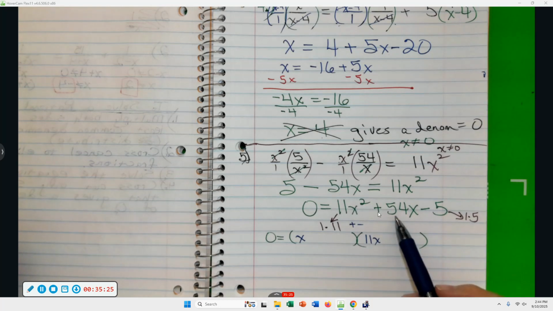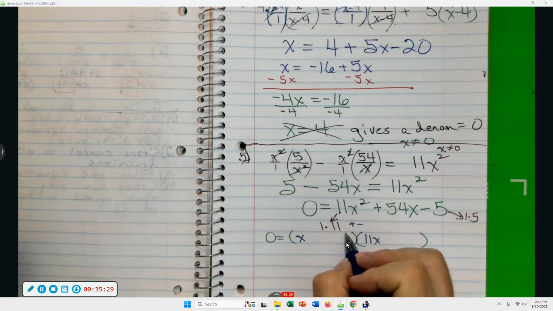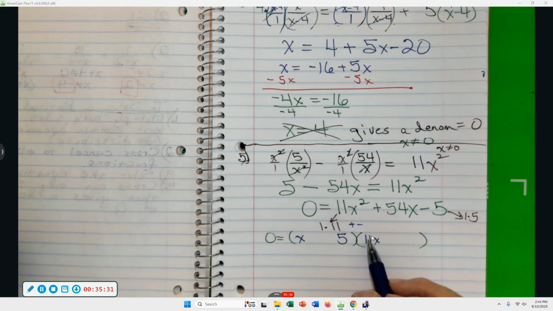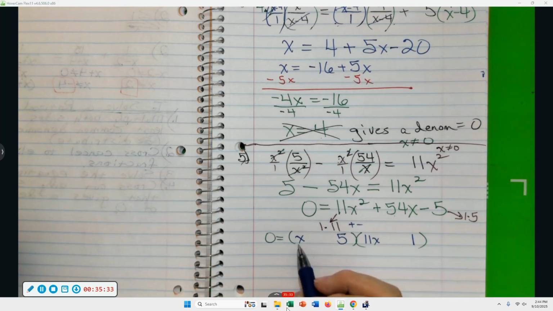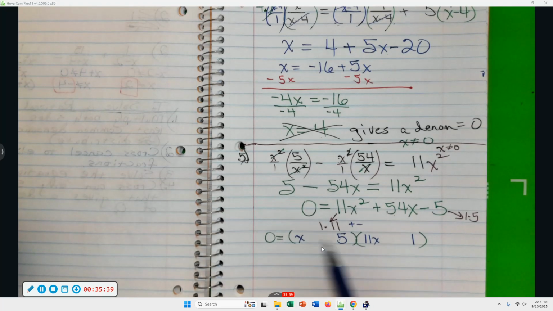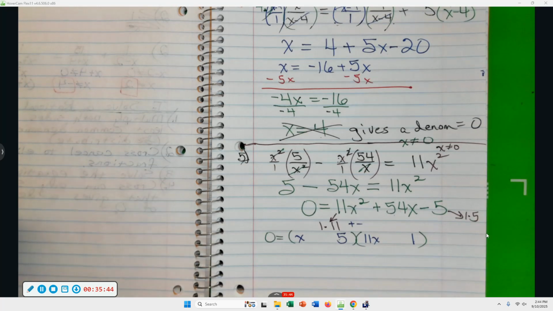Something that equals that 54 there? Well, if we put the 5 right here, that's 55. 1 times x, the outer is 1. I think that's the correct placement. That 55 and then a 1, that's going to give me 54 if I subtract.